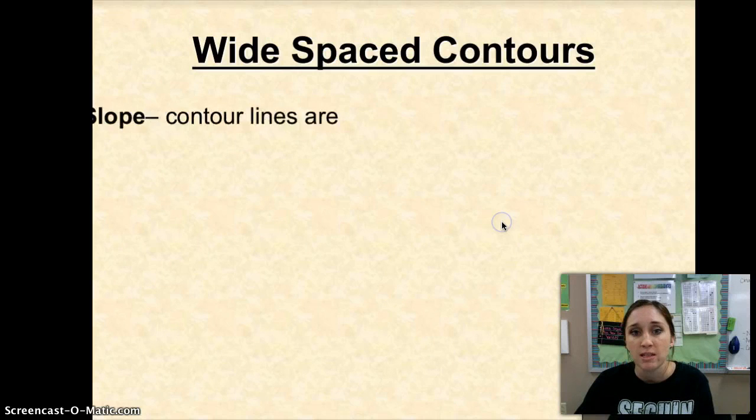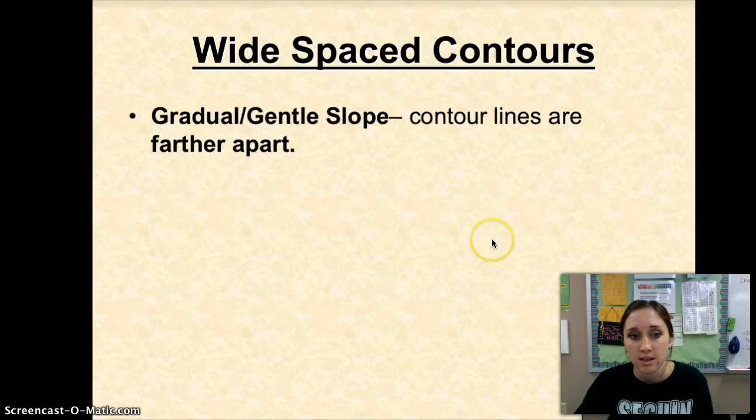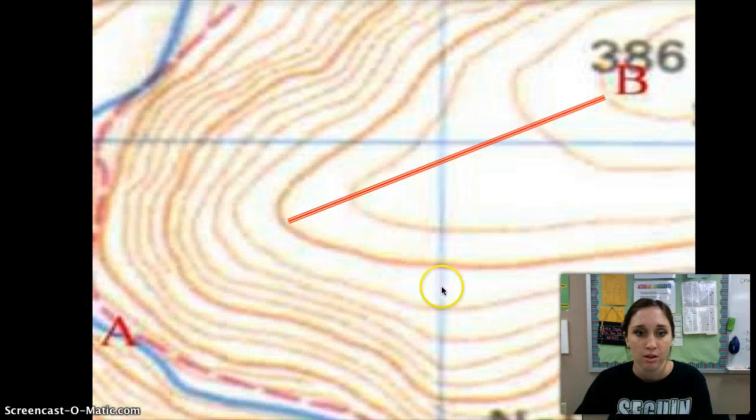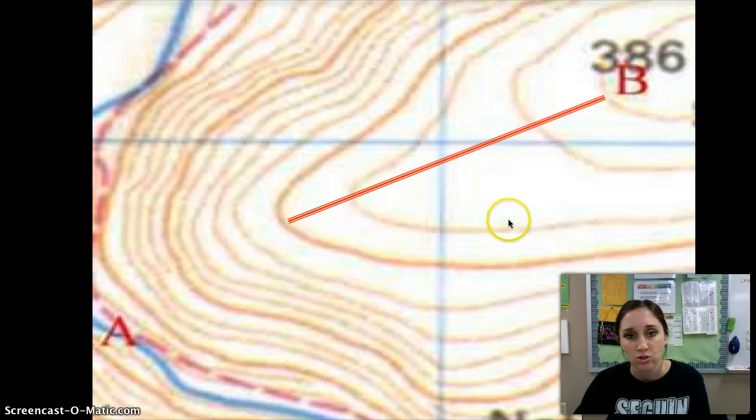If the lines are spaced out, that means that it is a gentle or gradual slope. You can notice right here, it is more gradual here and steeper here because they're closer together. Here's another example. Right here they're close together, so it's steep. When they're spaced out, it is a more gradual slope.